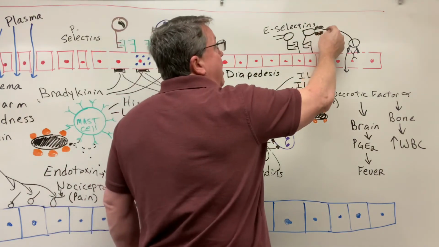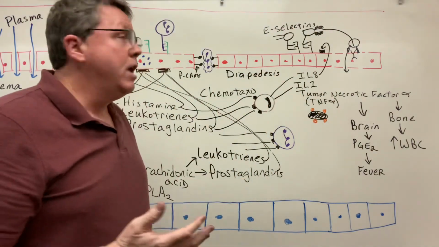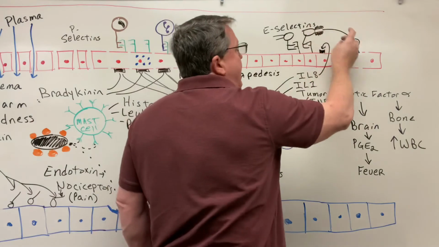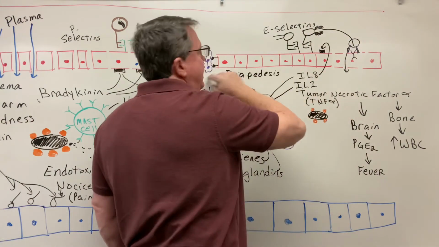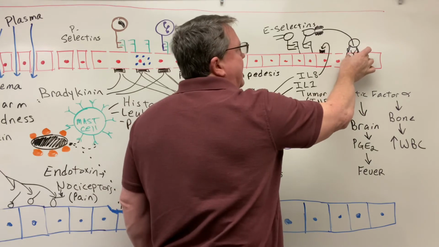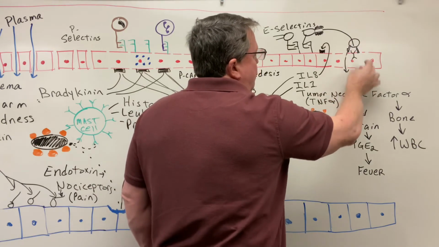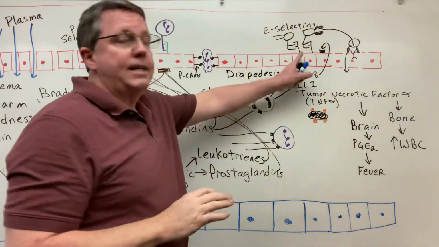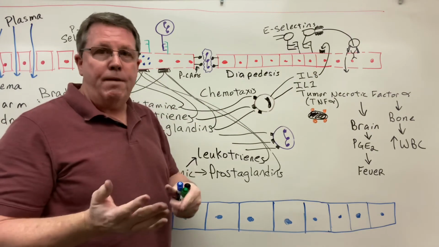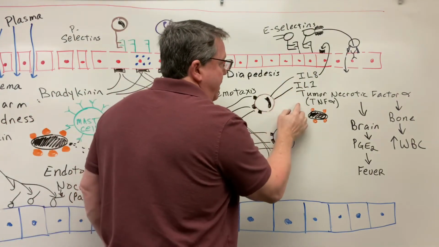When it does that on our white blood cells, I didn't draw them over here, but you have something called integrins. These will become activated and they will attach onto receptors that are on here. Instead of PCAMs, these are called ICAMs and VCAMs. It will bond to that, and then this will come out also. So it's basically almost the same process as over here. This just happens a little later on in the inflammatory response because these white blood cells have to make these.